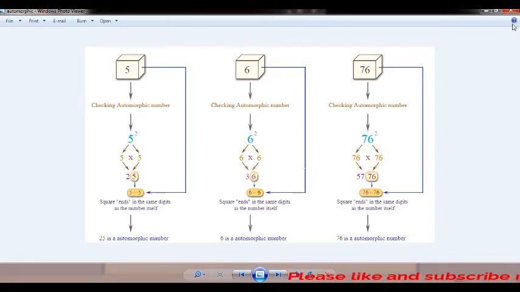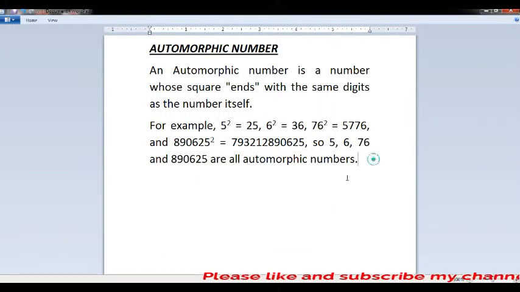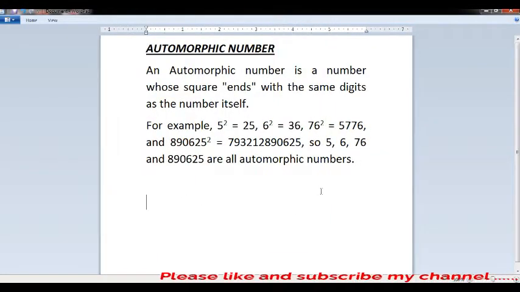Is that clear? So here are some steps which we take in our mind to solve this problem.